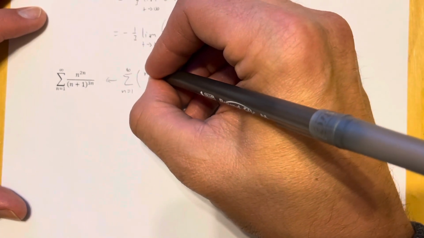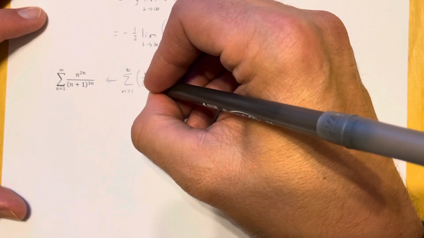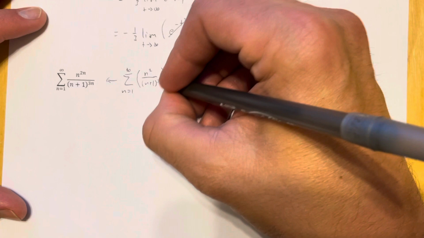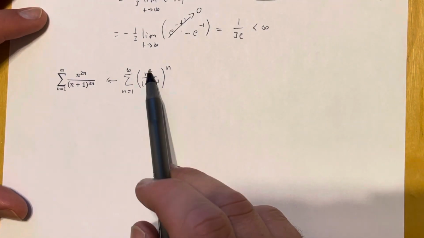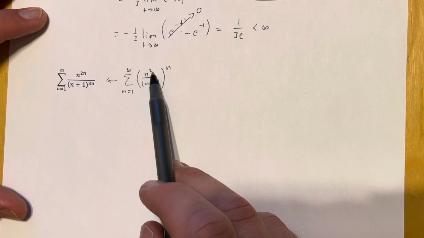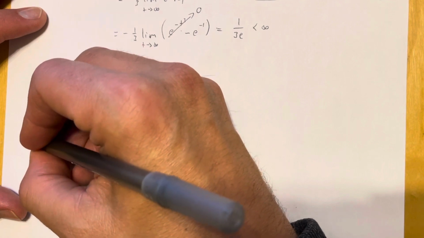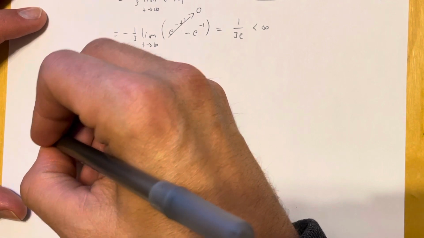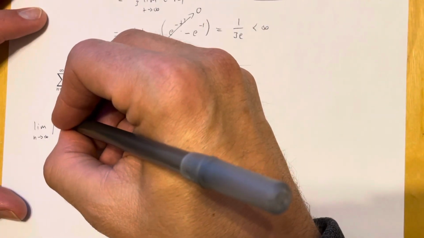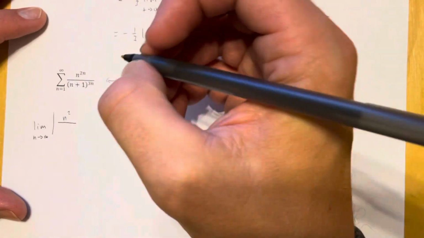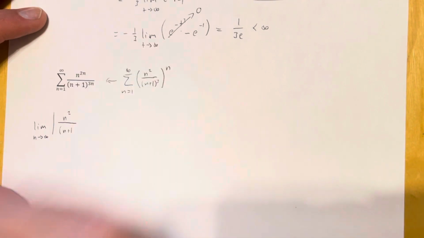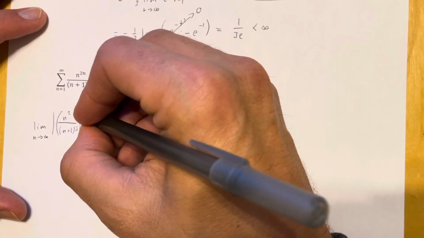That series can be written this way. I can write these terms as n squared over n plus 1 cubed, to the power of n. Because then I could use exponent properties to bring the n in and write that as 2n there and 3n there, which is what we had. Okay, so now if I wanted to apply the root test, I'm taking the limit as n goes to infinity of the absolute value of n squared over n plus 1 cubed, and that whole thing gets raised to the power of n.